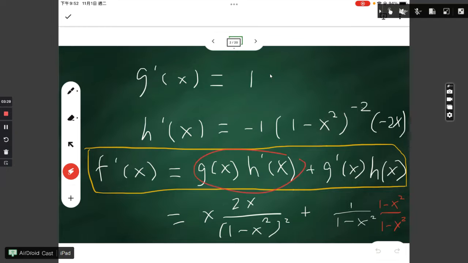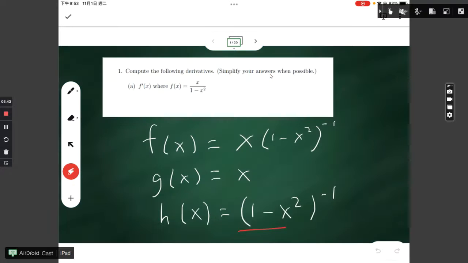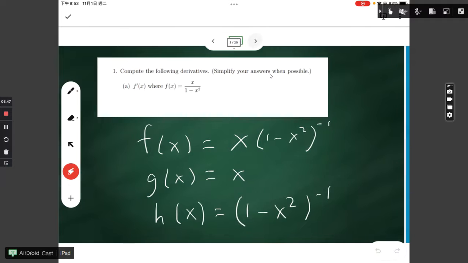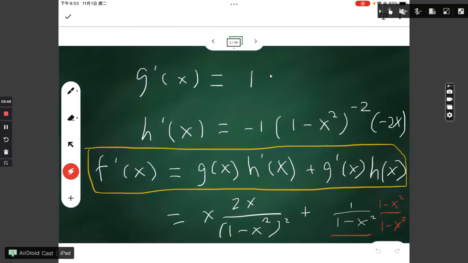All right, we are on to this one here. g prime of x is 1, so we can ignore it, just 1. And then h of x is this term here, which is 1 over 1 minus x squared.